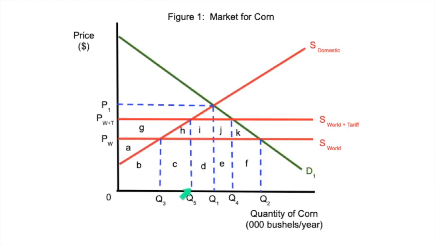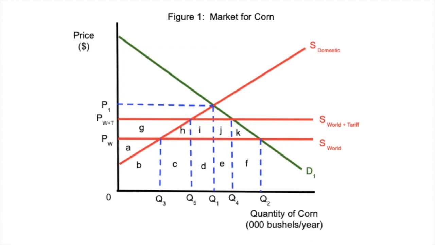Well, what about the world producers? Well, the world producers used to be C, D, E, F, but now the price has gone up to there, so F is gone, and this is being produced by domestic producers, so C is gone, and so international is only represented, world producers, D and E. Why not I and J? Because I and J represent the money that goes into the government's pocket as a result of the tariff, okay?